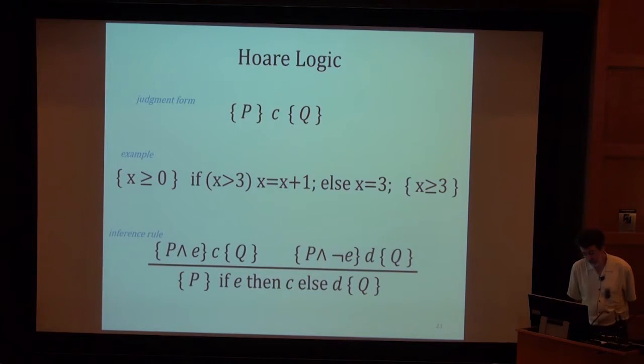And there are proof rules in Hoare logic that allow you to, let's say here, prove an if statement by means of proofs about the components of that if statement.